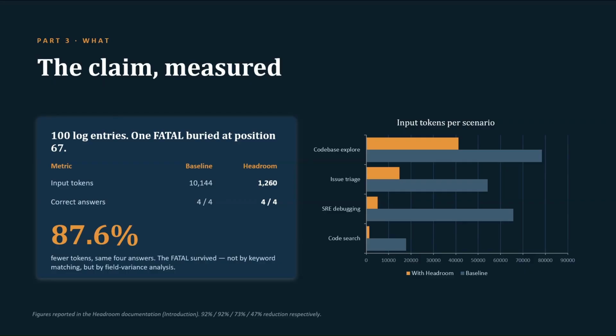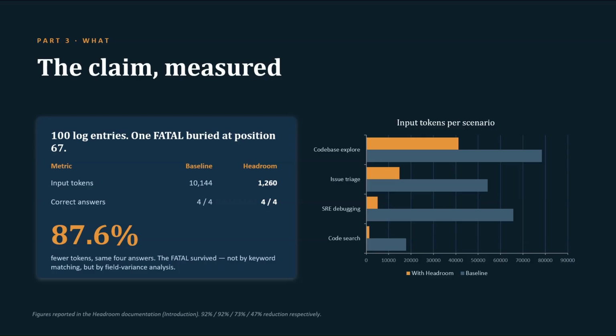And the claim measured: you can see here there are 100 log entries, one fatal error buried at position 67. So in the 100 lines of the log file, the error is at the 67th line. Instead of giving 100 lines of entries, we can give only that 67th line, right?